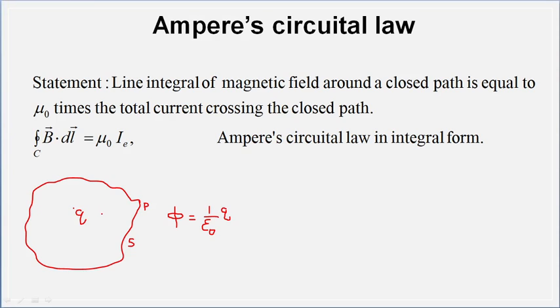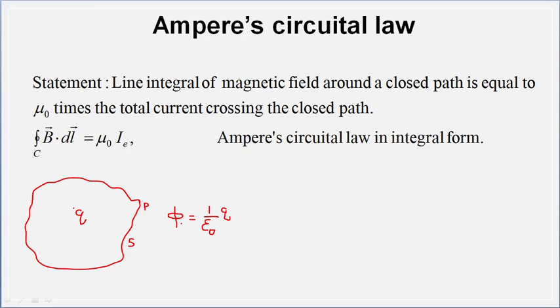It doesn't matter. How much is the charge? Doesn't matter. Whether it is a point charge or a charge distribution, it doesn't matter. What is important is that the charge should be inside that closed surface. So this is Gauss's law: the flux over the closed surface equals 1 upon epsilon 0 times the charge enclosed.